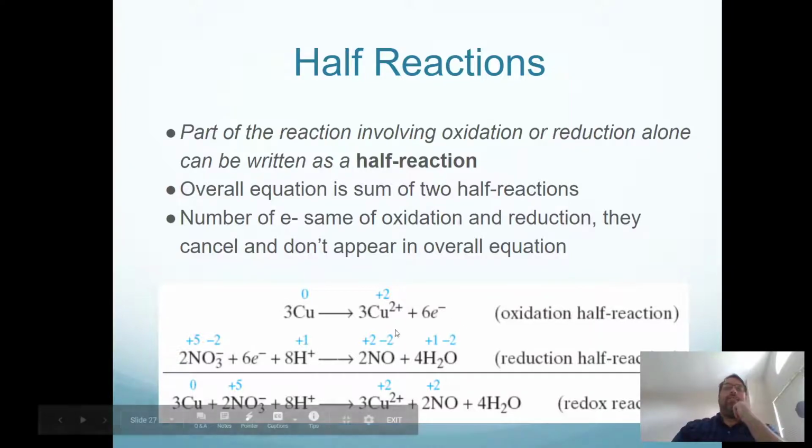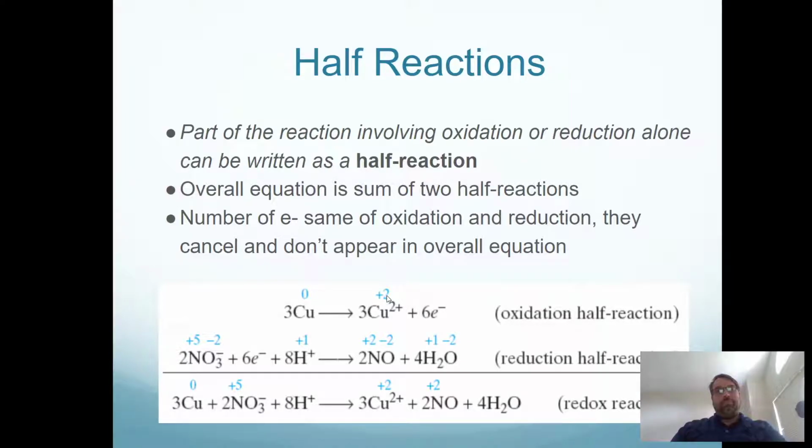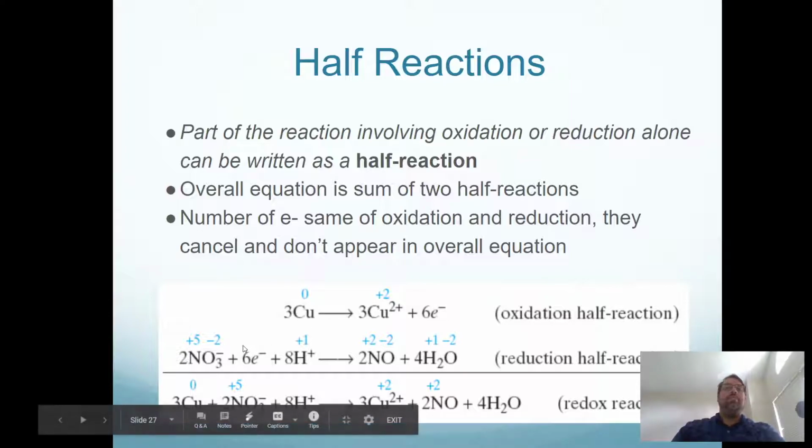And when we balance it out this way, what you'll see is that we end up needing 6 electrons here. We have 6 electrons on this left side here. You'll notice that we have this nitrate ion going from a +5 state to a +2 state, so it's being reduced.